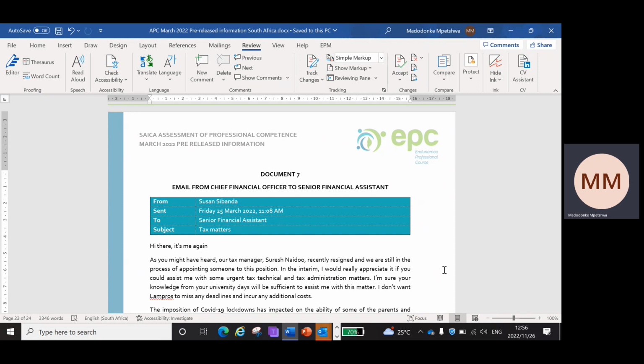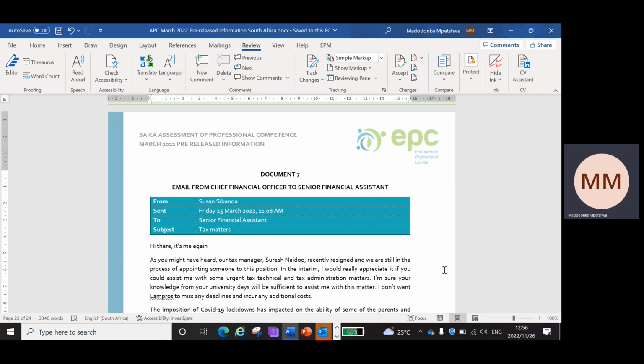Over and above that, the one thing that's key in that paragraph is that they also say we need to advise on tax administration matters. So for me, I then think, okay, fine, what could potentially be the issues that I need to think about from the Tax Administration Act and see how I can then assist the company.